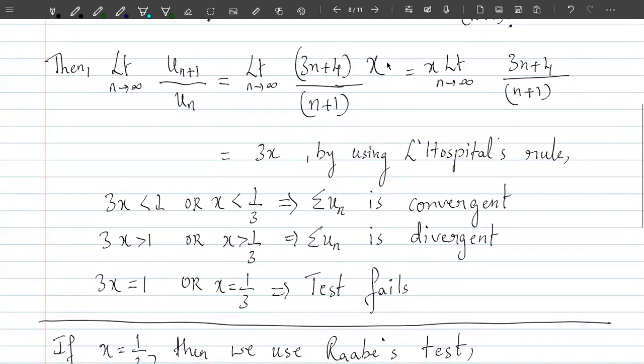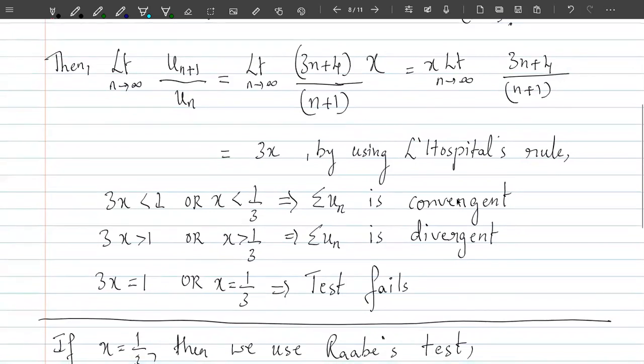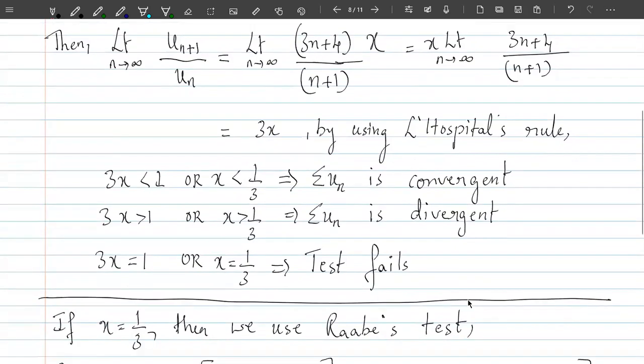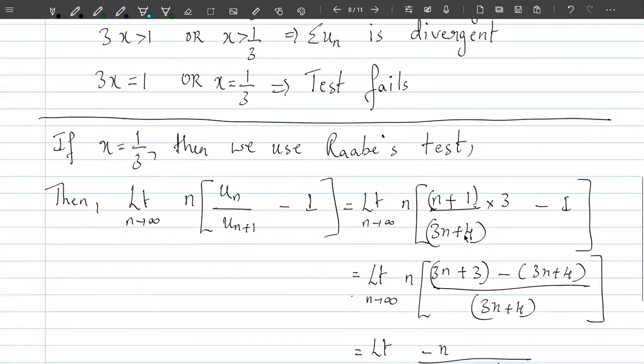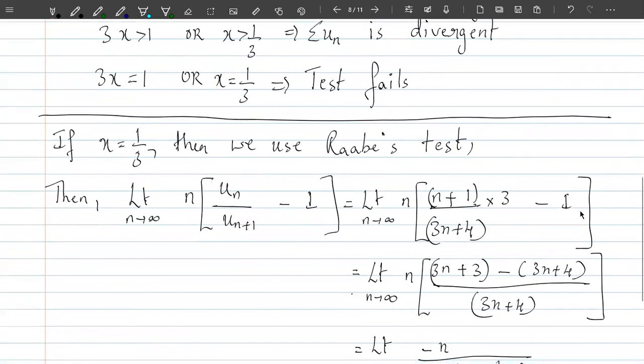So if you substitute the value of x as 1 by 3, 3 will come to the denominator. So I get un by un plus 1 as 3n plus 3 divided by 3n plus 4, which is here: 3n plus 3 divided by 3n plus 4 minus 1.